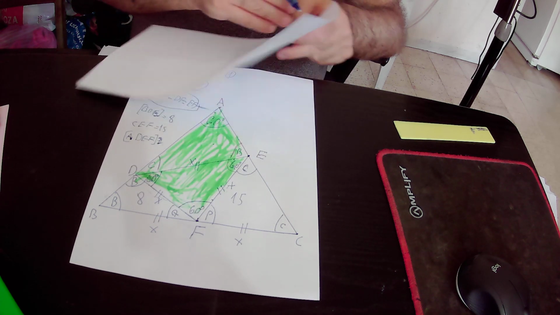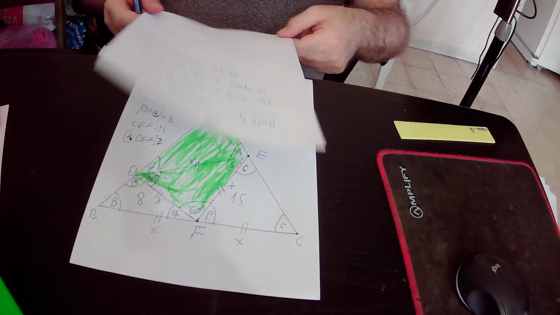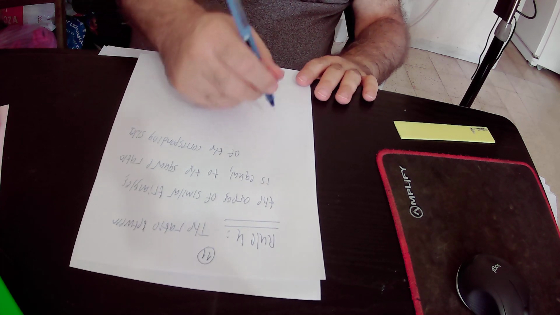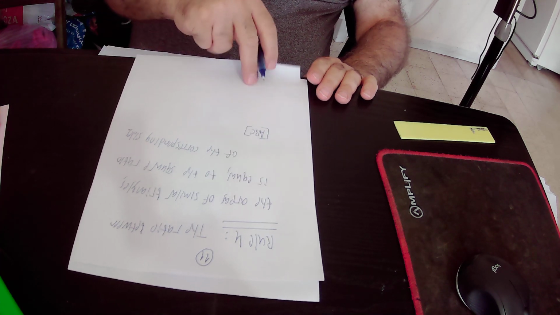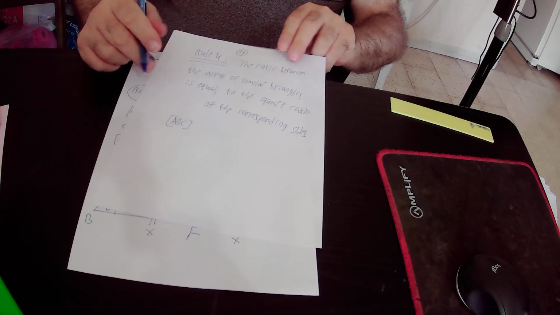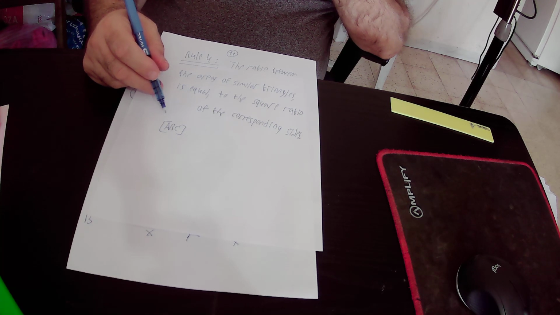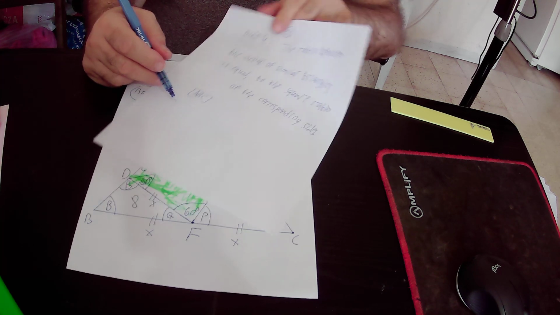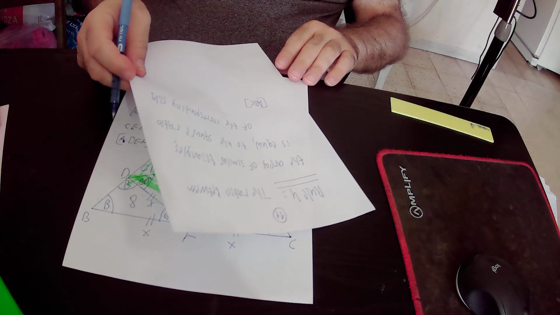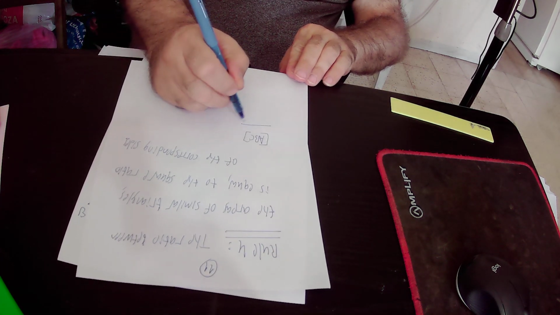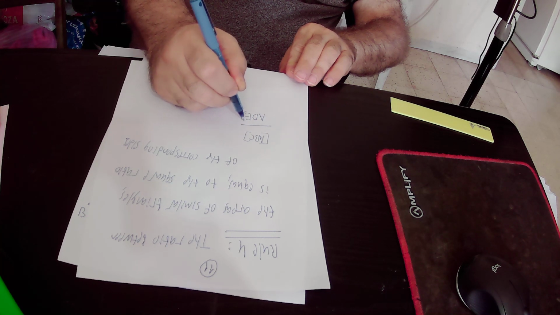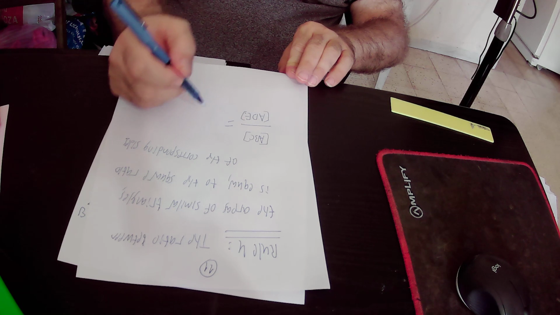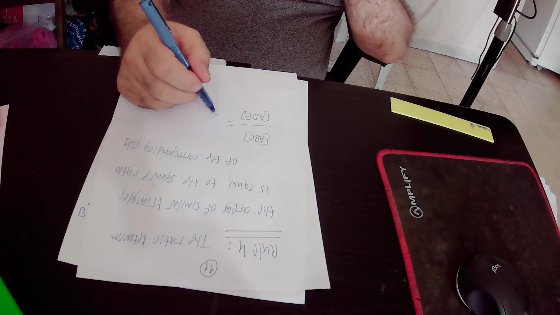So according to rule number 4, if we divide the area of triangle ABC over the area of triangle ADE, the ratio between the areas of those two similar triangles is equal to the square ratio of the corresponding sides.